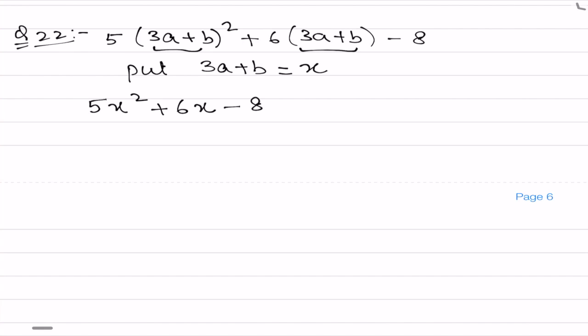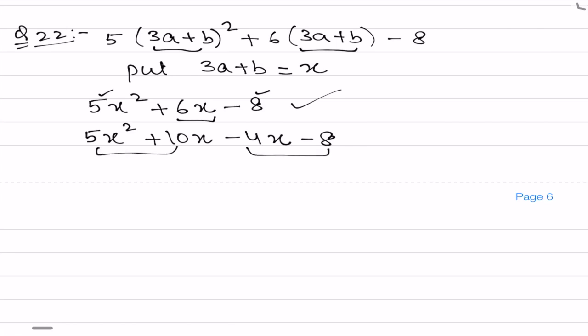Now you can see your equation is the same as the previous questions that we have done in the simplest form. So again we will split the middle term by taking the factors of 5 into 8, 40. So the factors are 5x square plus 10x minus 4x minus 8.